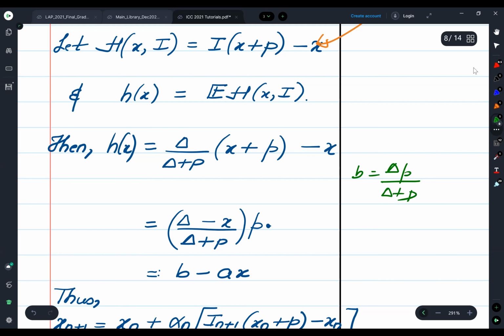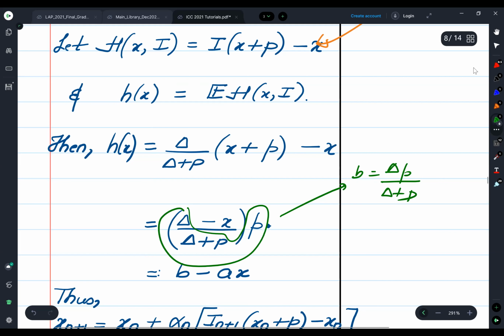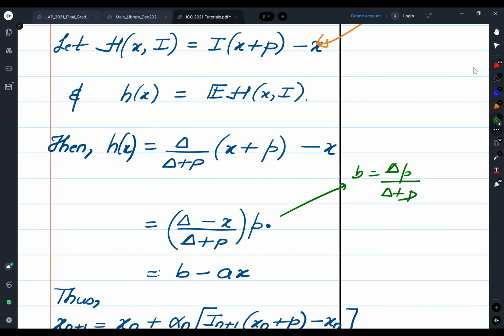Just observe this quantity; this is my b. Similarly, looking at the expression that multiplies x, I hope you agree that a is basically p over delta plus p. Is this okay?